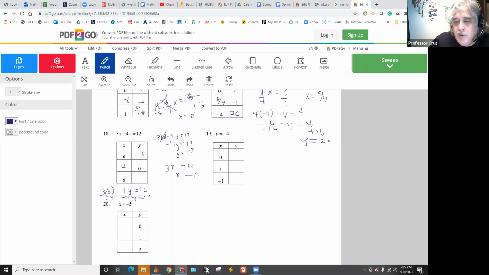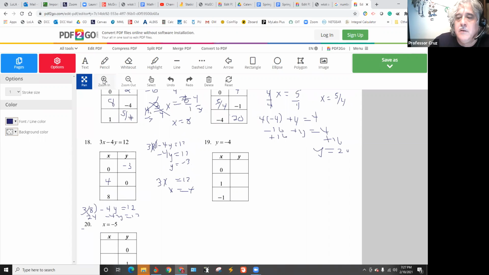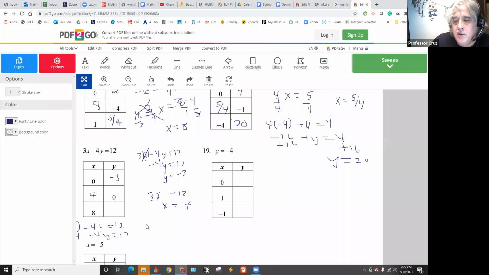So we're going to subtract 24. I'm sorry about this room. Let's see. I'll just go across here. So it's -4Y is equal to 12.